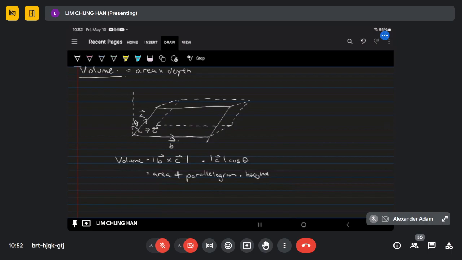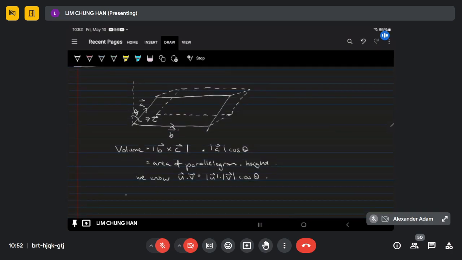However, we also know, from previous, that U dot V is the magnitude of U times the magnitude of V times cos theta. So therefore, we can summarize that volume is A dot B cross C. So this makes it easier.